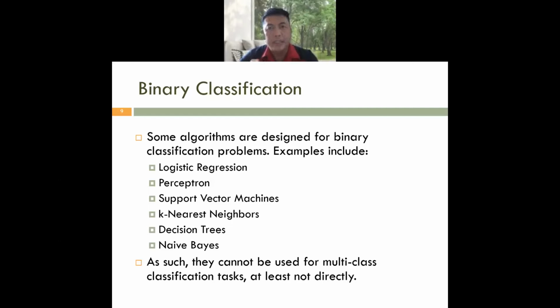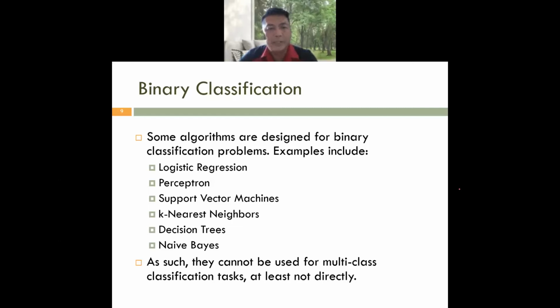And also the feature that you want to predict, whether they are numerical values or categorical values. If it is numerical or continuous values, you have to use regression. But if you are trying to model categorical values, you have to use classification.